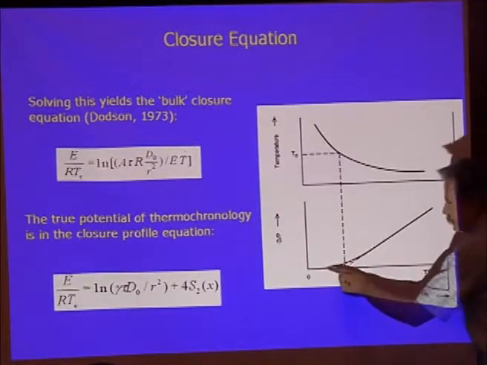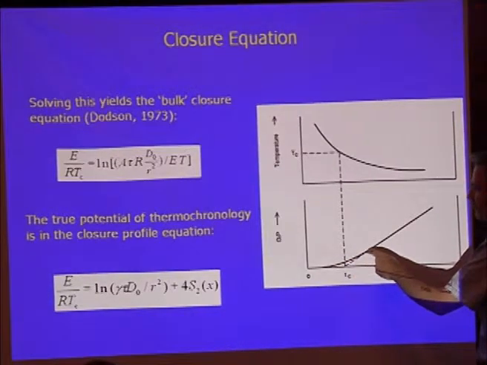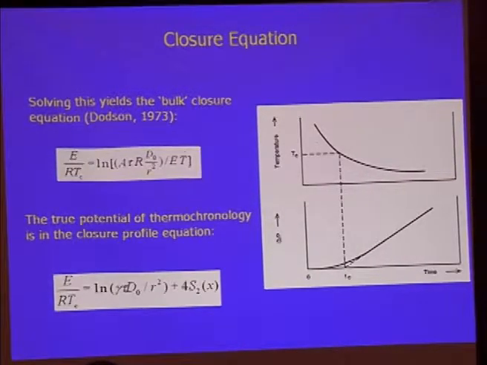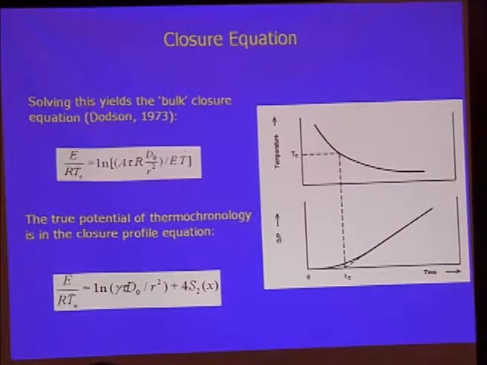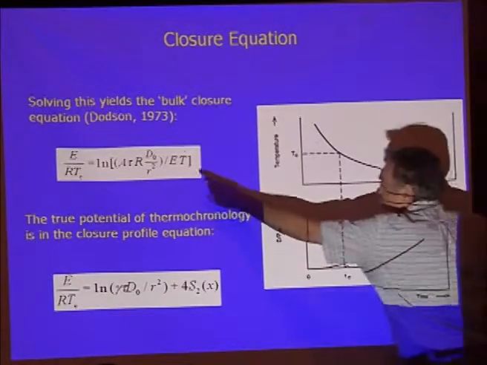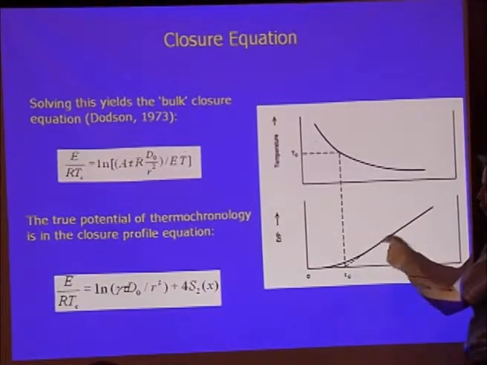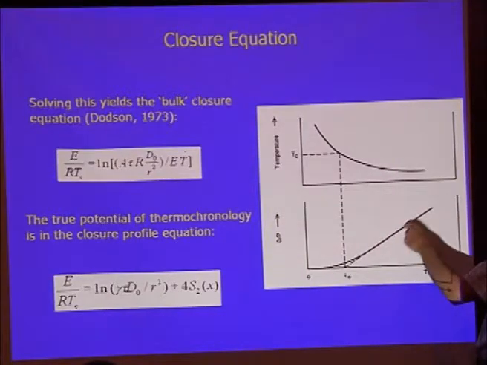But there's a transition through which there's partial retentivity until the temperature drops to a point where, for all intents and purposes, that daughter product's fixed. And remember, the temperature range isn't going to be that great because of this extremely strong temperature dependence. Remember the 10 billion miles an hour. So essentially, the bulk closure temperature is the extrapolation of this linear segment here, daughter to parent growing, well, not broadly linear in time.